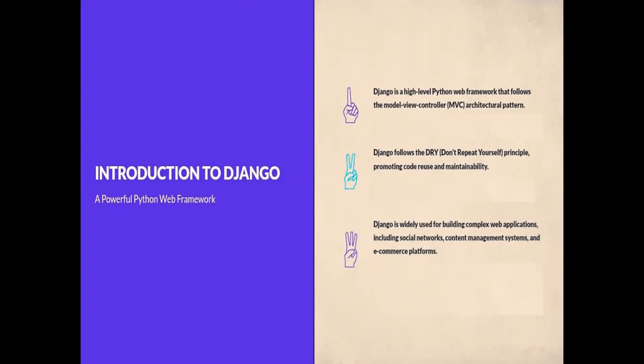Django follows the DRY principle promoting code reuse and maintainability. DRY means don't repeat yourself. It includes built-in functions for authentication, database management, and URL routing. Django is widely used for building complex web applications, including social networks, content management systems, and e-commerce platforms. Its extensive documentation and active community make it a popular choice among developers.